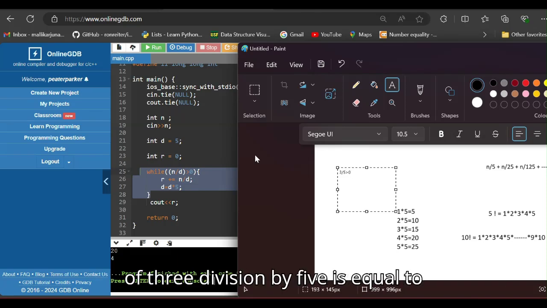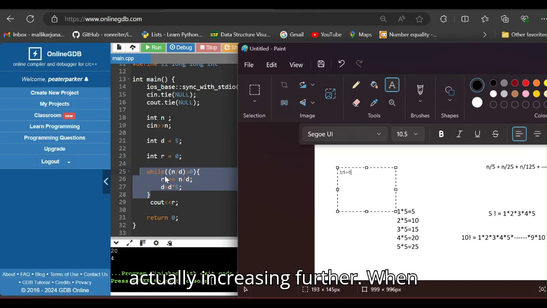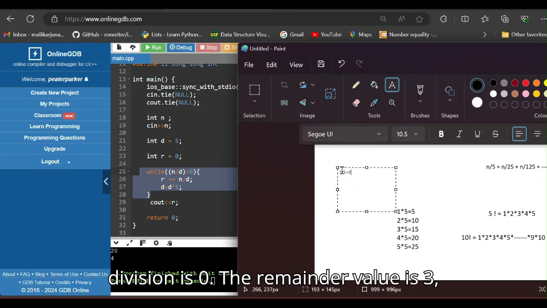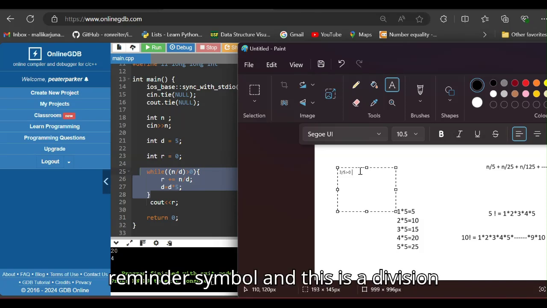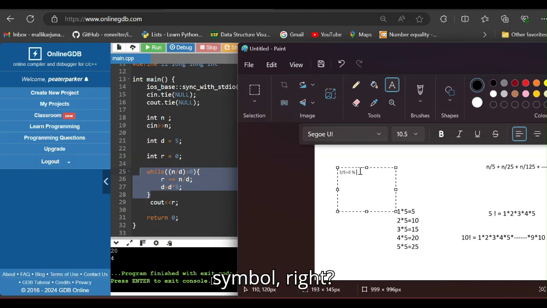Because the result of 3 divided by 5 is 0. The remainder value is 3, but the quotient value is 0, which is not greater than 0. Understand? So we treat this as the remainder symbol and this as the division symbol, right?